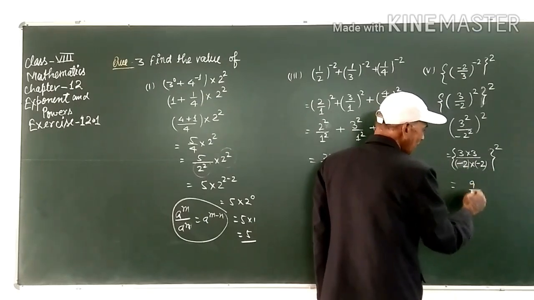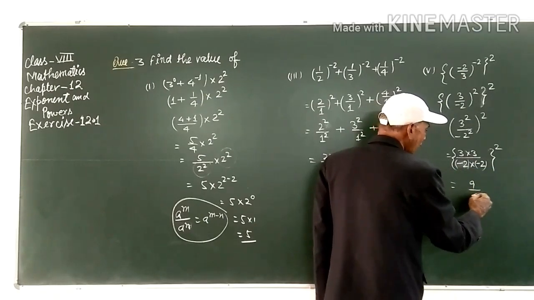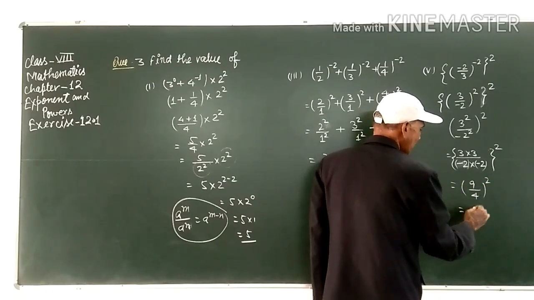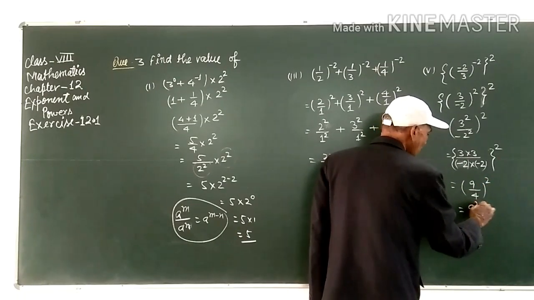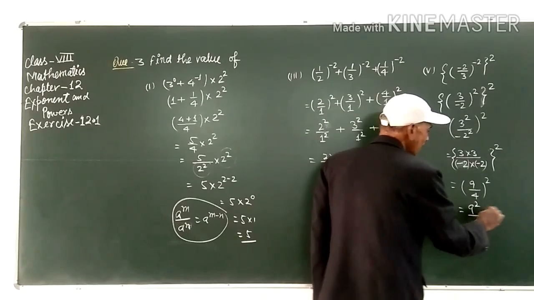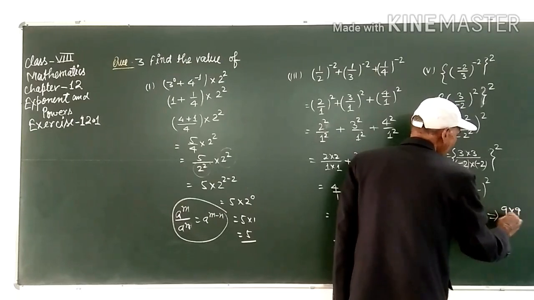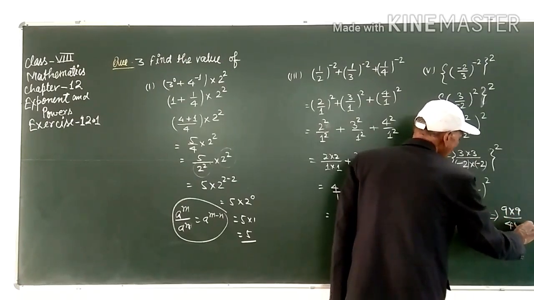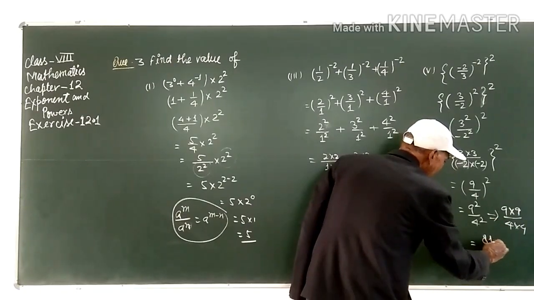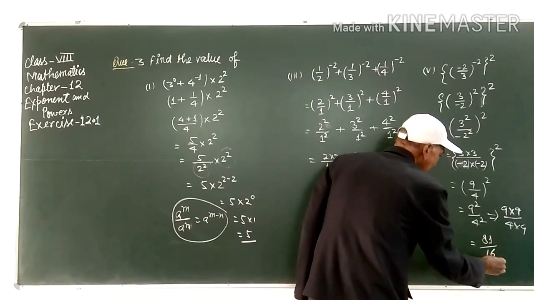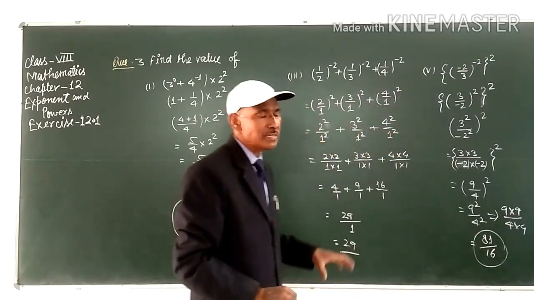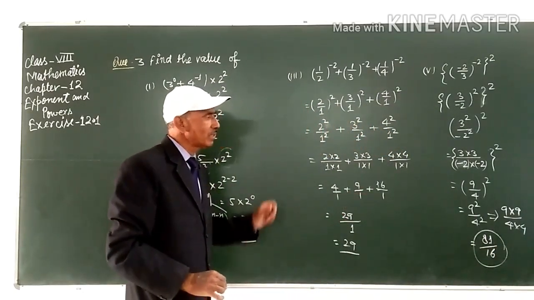So this one will be 2 2 ja 4 whole power 2. Now this one will be 9 to the power 2 upon 4 to the power 2, and it will be 9 into 9 upon 4 into 4, and it will be students 9 9 ja 81 and 4 4 ja 16, 81/16. This is the answer of fifth part of the questions.